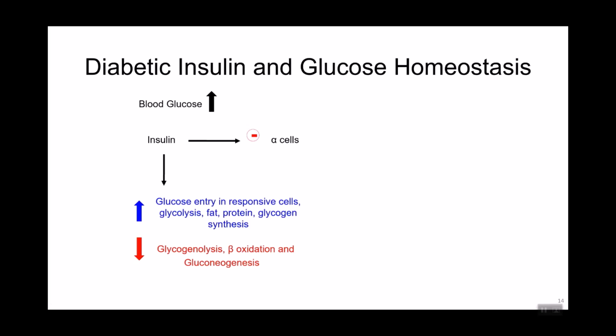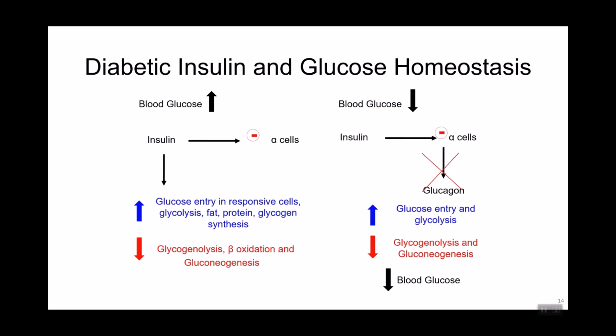Insulin signaling to the cell will allow for the uptake of glucose, allowing for energy production and glycolysis, as well as the synthesis of fats, proteins, and glycogen using the energy in any excess carbons. Because the anabolic pathways are on, the catabolic pathways will be off, so we won't be breaking down glycogen, fat, or even synthesizing glucose in gluconeogenesis because it's only initiated by glucagon signaling.